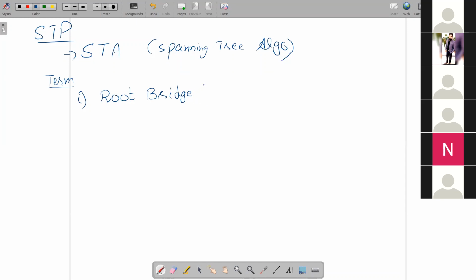The first term is the root bridge, which I will write as RB. Then there is another term, designated port, which we call DP. This is not your display picture, but the designated port.